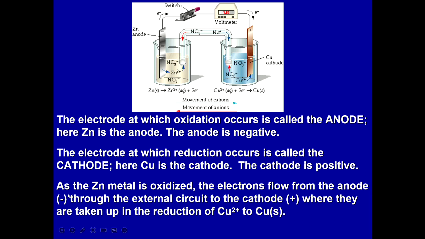The zinc metal is oxidized, and the electrons flow from the anode through the external circuit to the cathode, where they are taken up in the reduction of copper cation to copper solid. So this side is called the anode, this side is called the cathode, and the electrons move from anode to cathode.